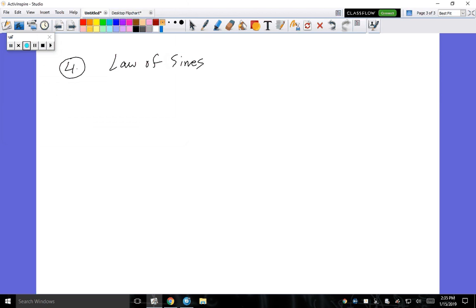Alright, so this one does tell you to use law of sines. So we're going to label it as a default. I'll tell you right now, you're going to default it to a scalene triangle. That means no sides are the same. All sides are different. All angles are different.